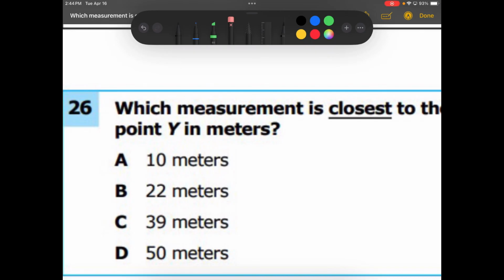Are there some answer choices that we could eliminate based off the knowledge that side A is 36, side B is 14? We can eliminate A and B because 10 is not bigger than 36 and 22 is not bigger than 36. And C has to be a bigger number. So at this point, you have a 50% chance of guessing the right answer.